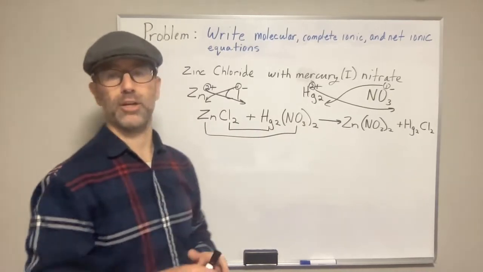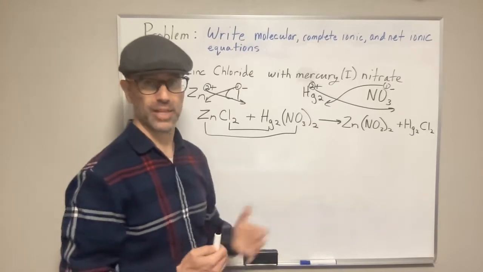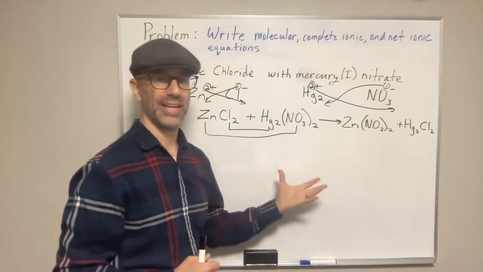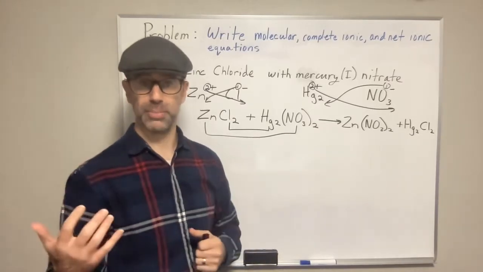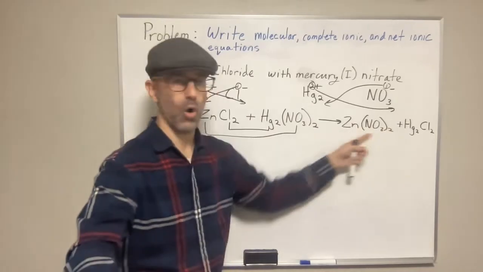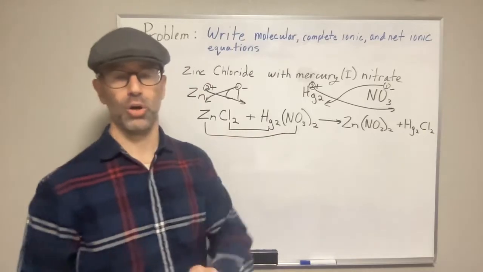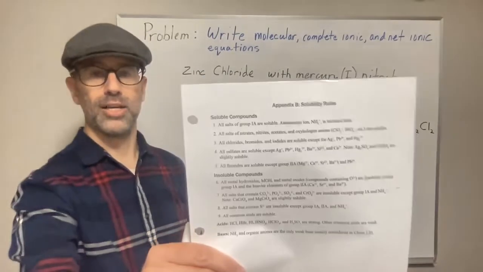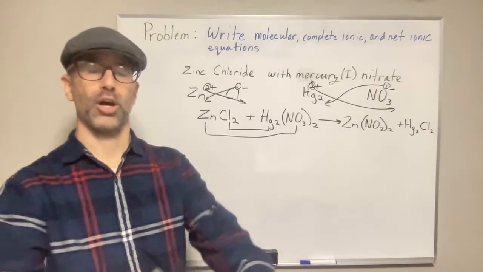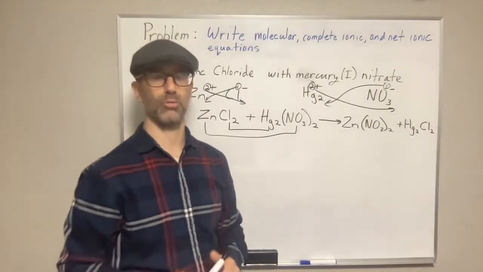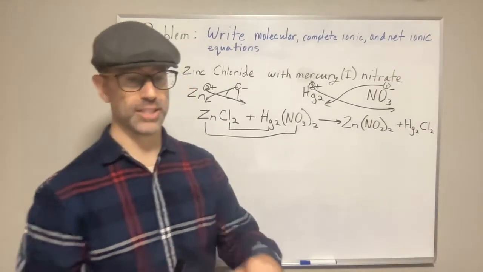When you're trying to figure out what state your ionic substance is in, it's either going to be aqueous or solid, a precipitate usually, and that's going to be over on this side. But it could be a solid on this side too. So that's when we use our solubility rules. Your teacher probably gave you solubility rules. You could find them on the internet really easily.